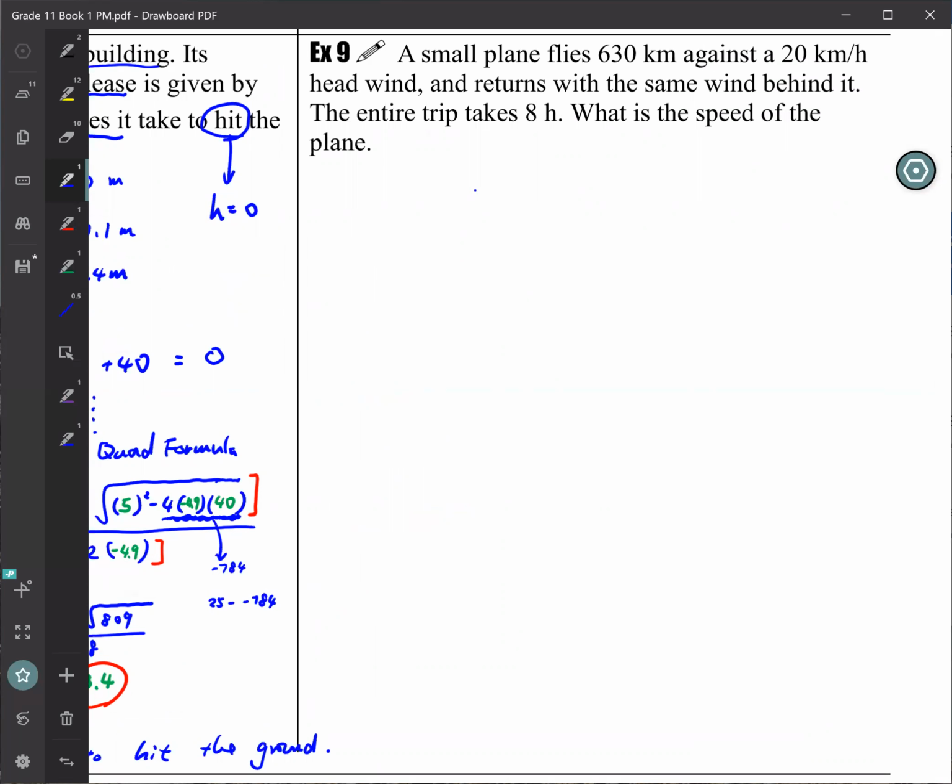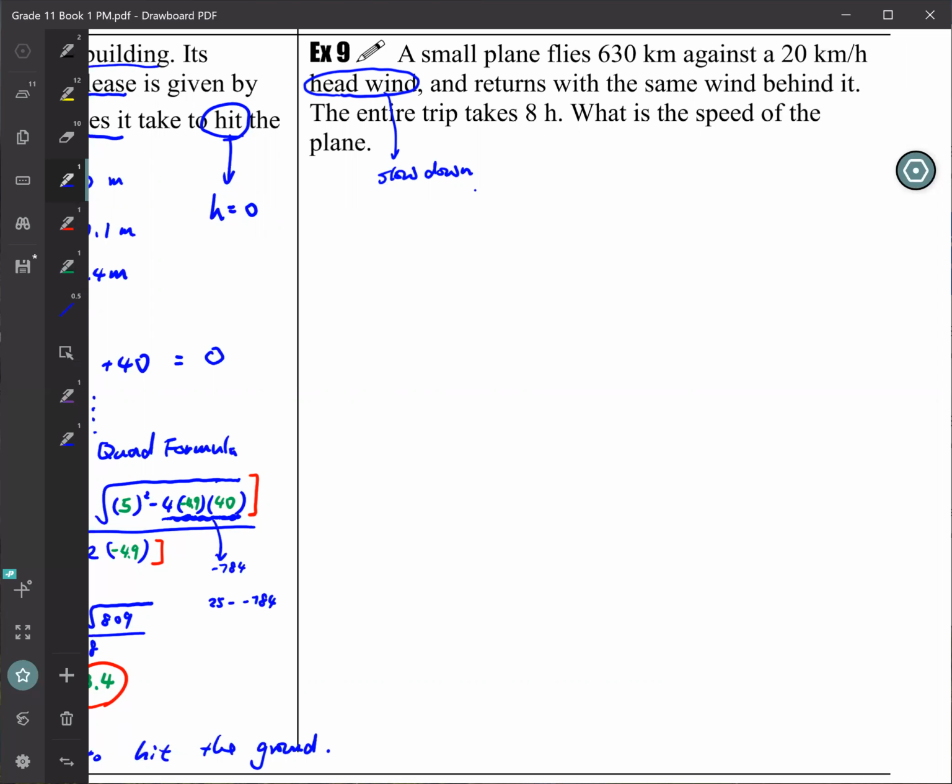What's the meaning of headwind? Braden, what's the meaning of headwind? Going against it. Okay, so would it speed up or slow down? Slow down. Yes, very good. So headwind, you can make a note, it will slow down the airplane.